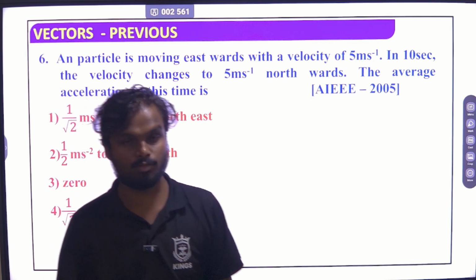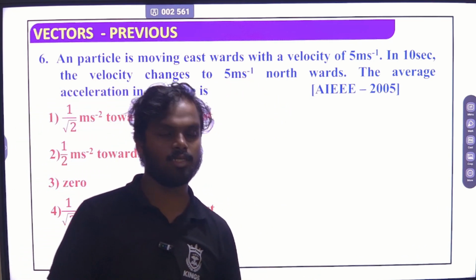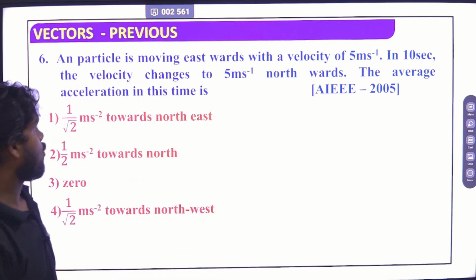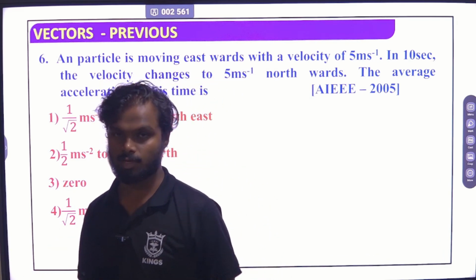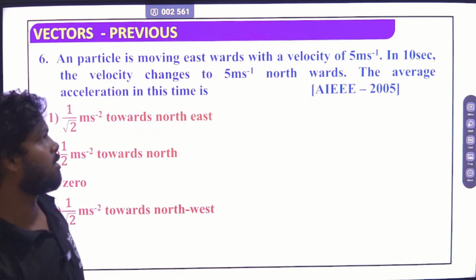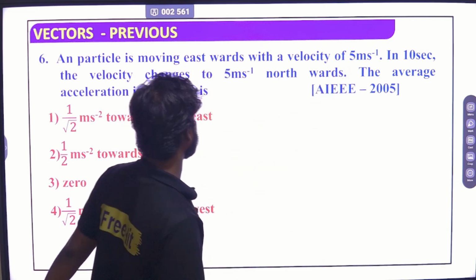First, you tell me what is meant by average acceleration. That is delta v by delta t. Simple. Delta v means v final minus v initial. What is v final and what is v initial? See, v final is in one direction, and v initial is in another direction.